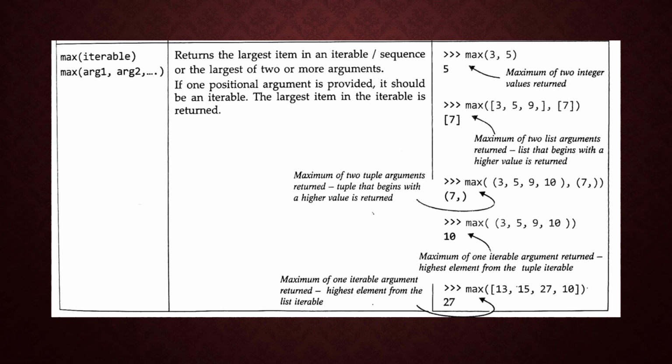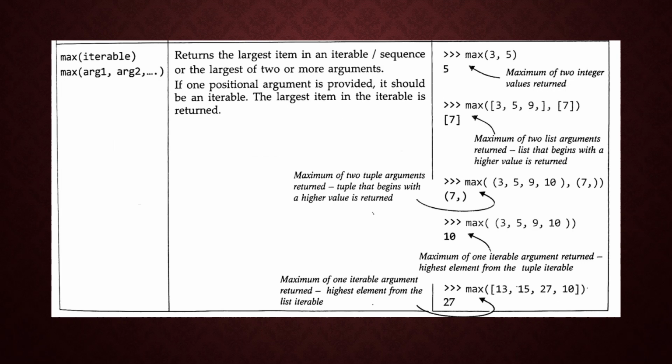If you are using the max built-in function with more than one list, it will check the first element of all the lists and whichever is maximum will be displayed. If you are using only one list, it will display the maximum element in that particular list.